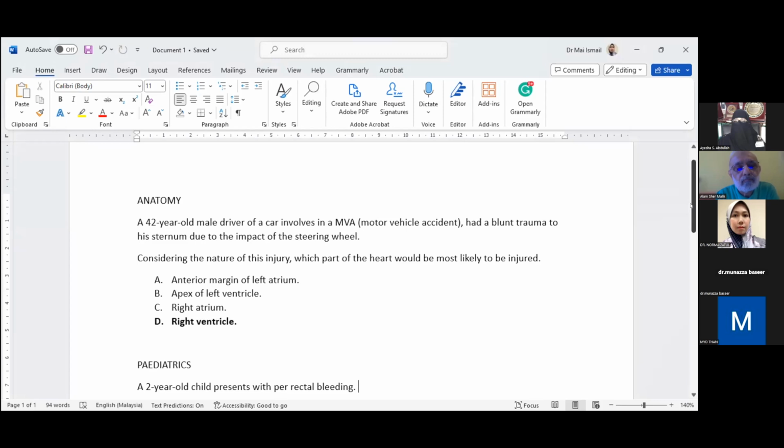But out of these 4 options, the right ventricle is the most correct option because it lies in the middle of the chest, behind the sternum. The others are at the front of the chest, but some are on the left side, some on the right side. So the right option will be the right ventricle. Thank you, sir. Any comments by the participants?